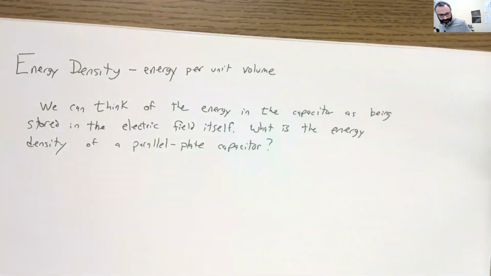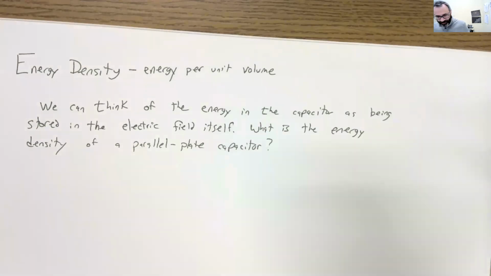Any ideas how we can figure this out? You have enough tools to solve this now already. Is it going to be the area times the distance between the plates? Well, that's an important value. That's the volume, right? So let's start with that.